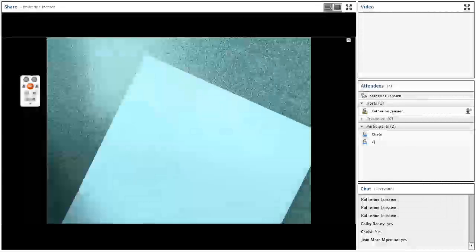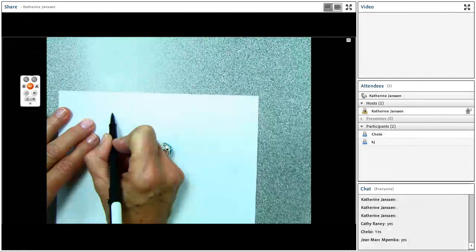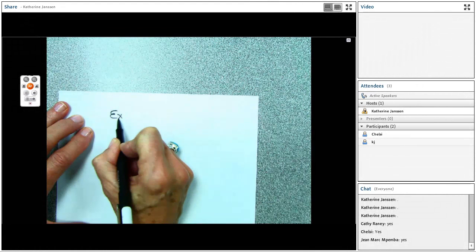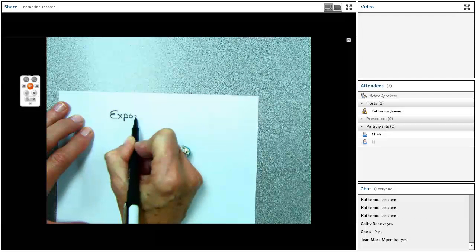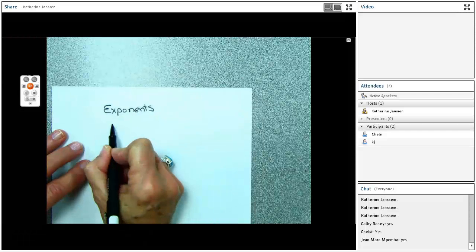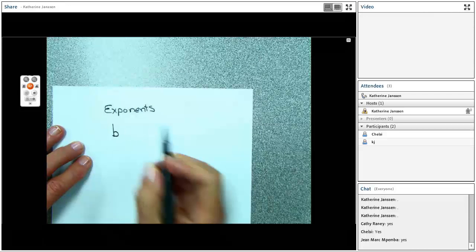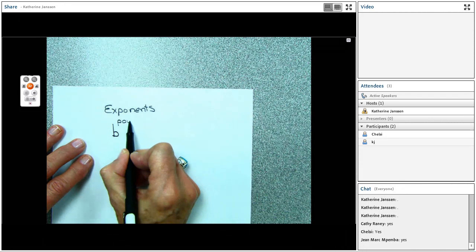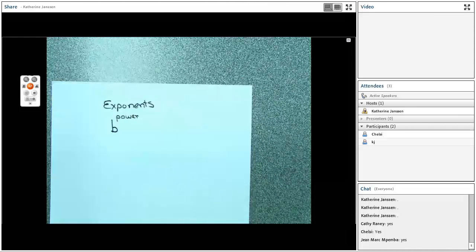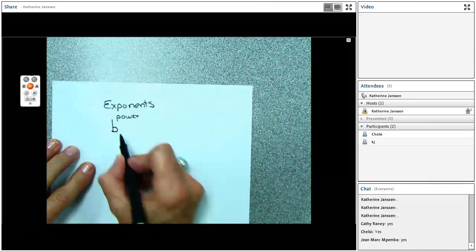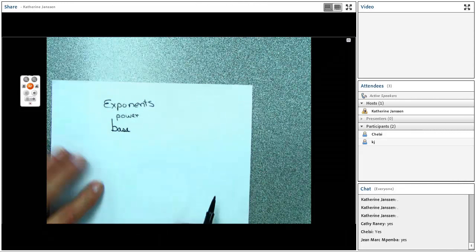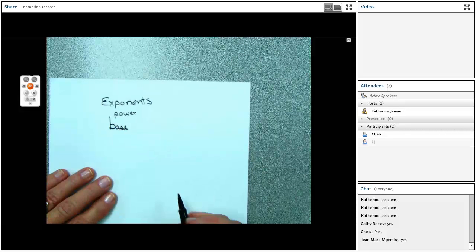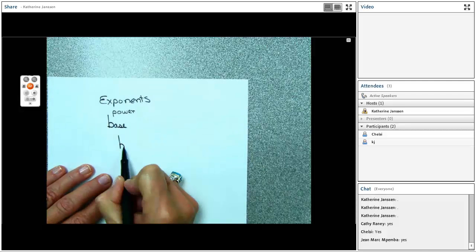Well, with exponents, then we have to take some care. Exponents, we're talking about a base raised to a power.